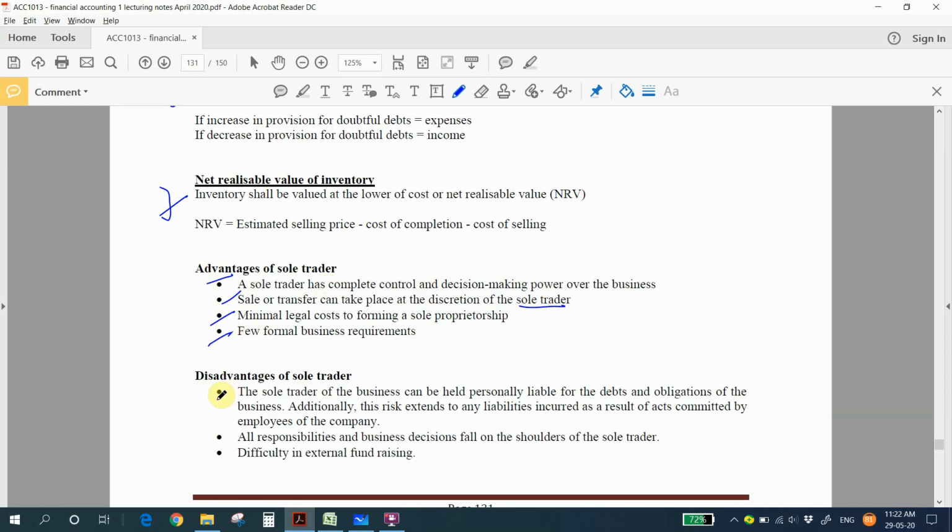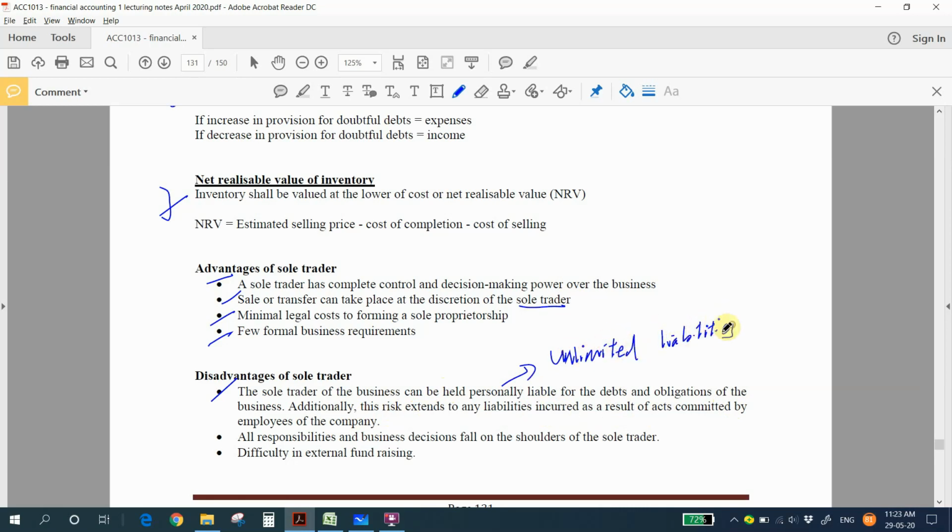As for the disadvantages, the sole trader of the business can be held personally liable for the debts and obligations of the business. Additionally, the risk extends to any liability incurred as a result of acts committed by employees of the company. It means that as the owner of a sole trader business, you have unlimited liability.